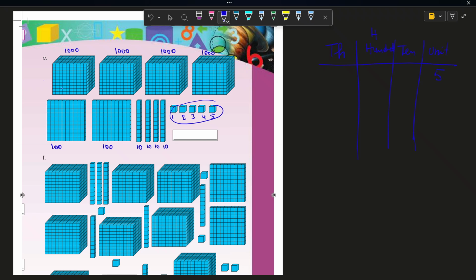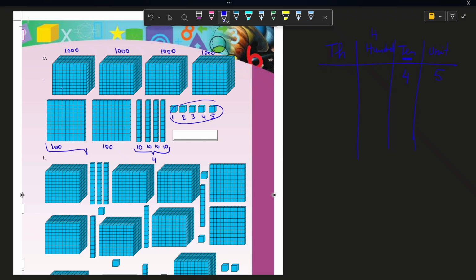The next column is for the 10 here. So I need to come back right here. How many tens, or how many stick-like shapes, have I got here? I have 4. So how many tens have I got? I've got 4. Next one. How many hundreds have I got?